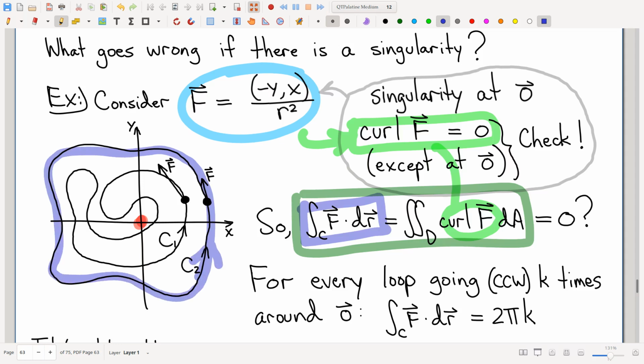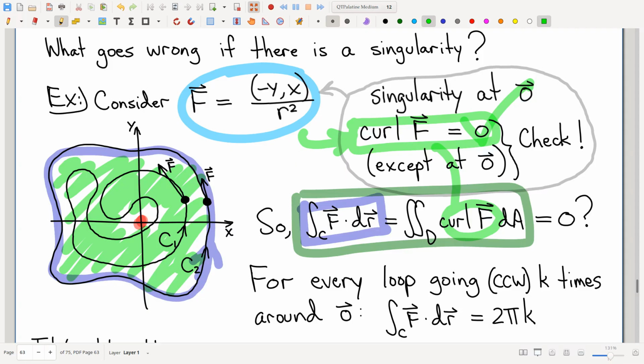tempting to say, well, that line integral, I think I ought to be able to compute that as a double integral of curl. The curl is 0 everywhere. Well, okay, not at the origin. We've got that one little itty-bitty, little annoying, little trivial, one little point. That's a problem, but come on, how much of a difference can 1 point make?